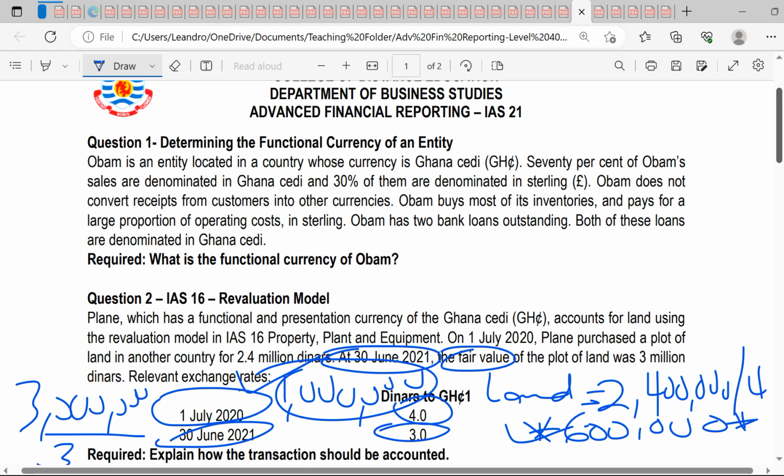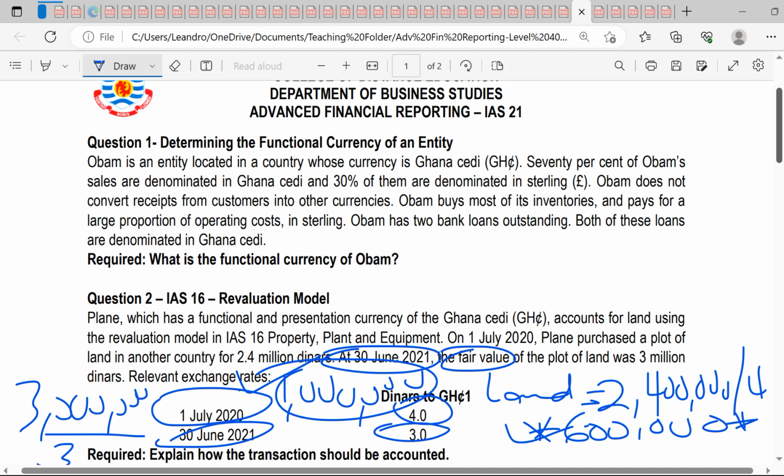Exchange gain of 400,000. Remember, if you revalue PPE, the revaluation gain is recognized in other comprehensive income, and therefore if there is an exchange gain, it will also be recognized in other comprehensive income because the standard says so. So you go into the standard and make sure you read this. And so you will recognize the revaluation gain and the exchange gain in other comprehensive income.